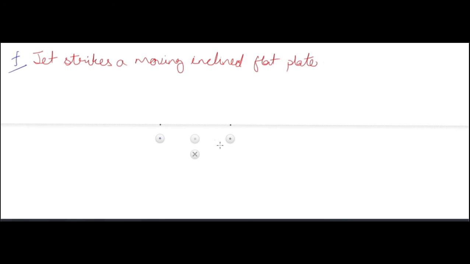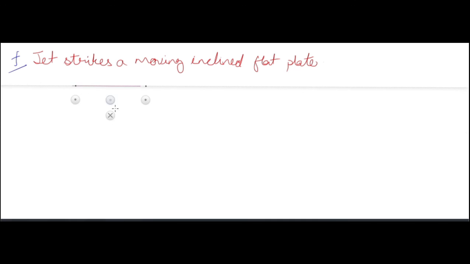Now the final case: the jet strikes a moving inclined flat plate. The flat plate is inclined and is moving with velocity u.